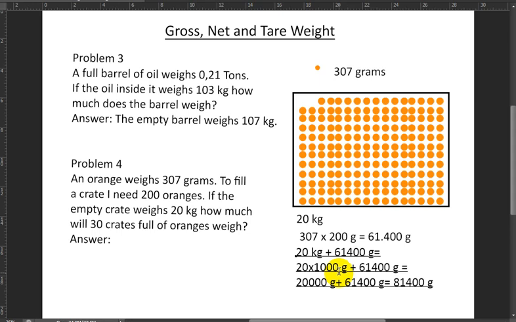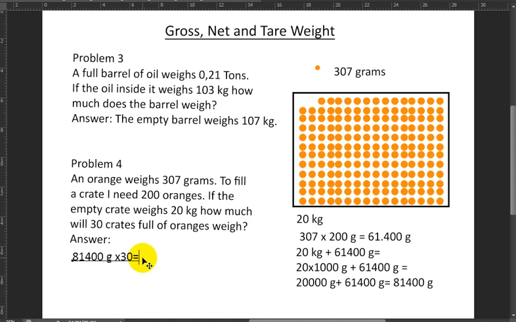And adding this will give us 81,400 grams. But the problem is still not over, because remember, it's asking us not how much one full crate weighs, but how much 30 full crates weigh. So to find the answer to that, I'm going to have to do the weight of one full crate, 81,400 grams, times 30.